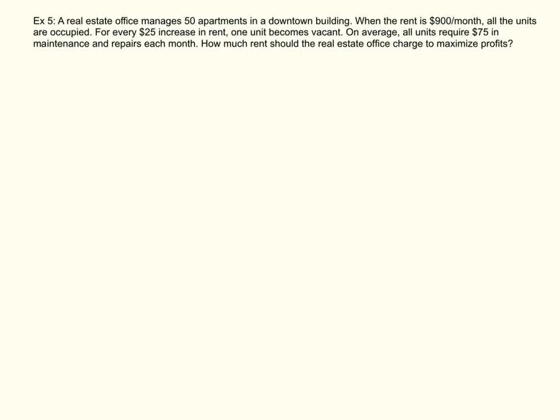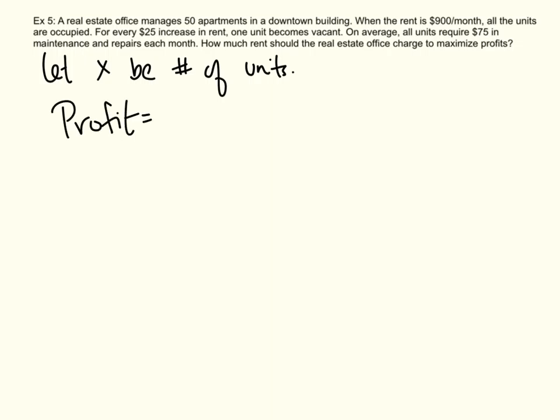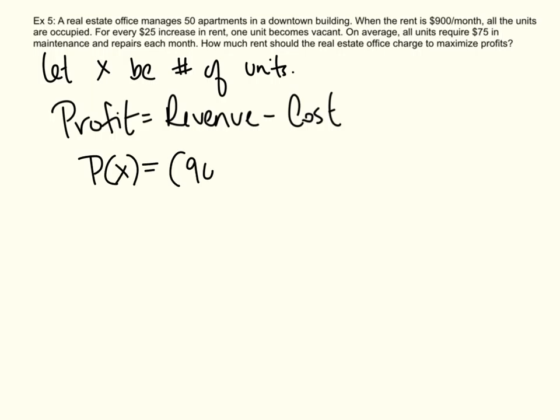Okay, I'm going to let x, in this case, be the number of units. So all you business people know that profit is equal to revenue minus cost. So now let's just take what's written here and translate it into math.